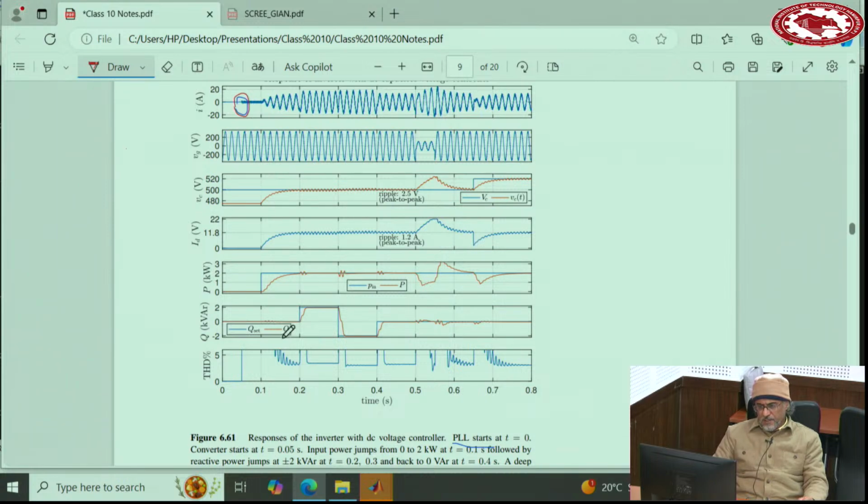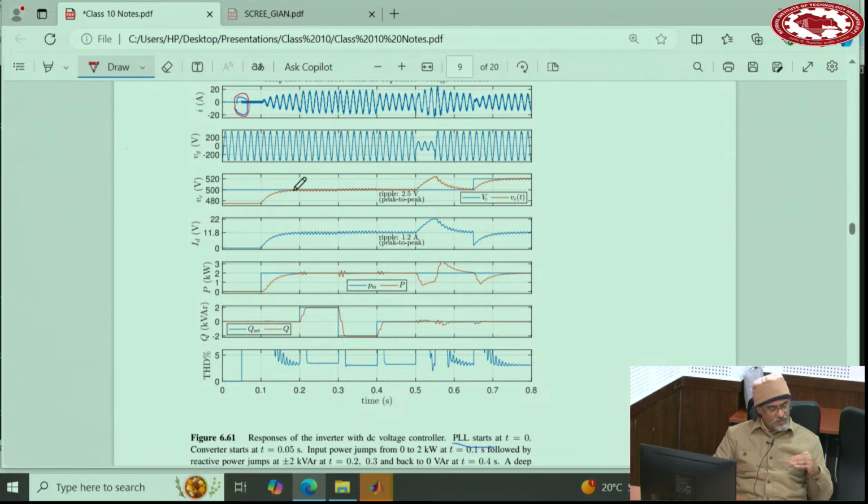So then a little bit later, here at 0.1, we have a jump of real power command. So real power from 0 to 2 kilowatt, and the current starts building up. And the capacitor voltage goes from 5% below now to 500.